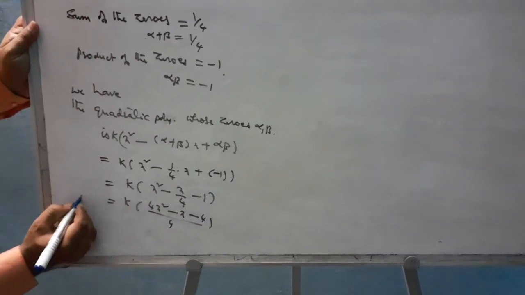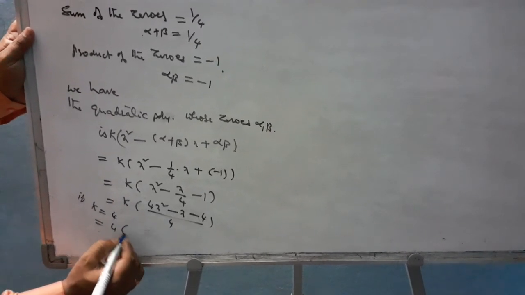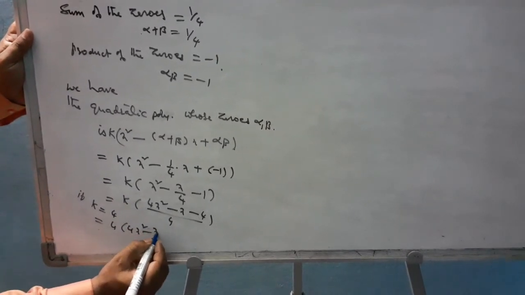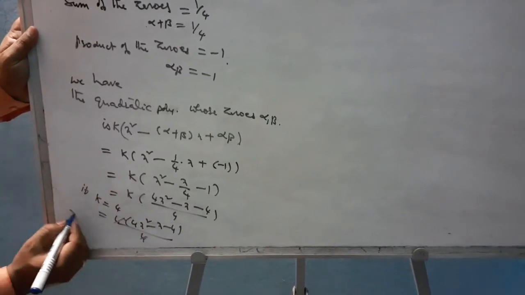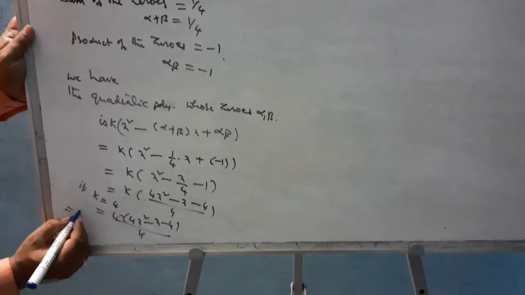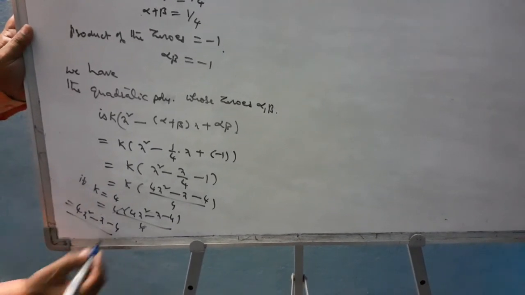If you take k is equal to 4, we will get 4 into 4x square minus x minus 4 by 4. 4 cancel. The required quadratic polynomial is 4x square minus x minus 4.